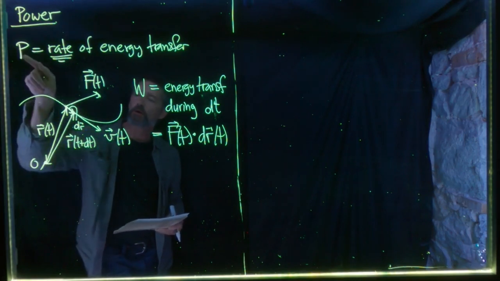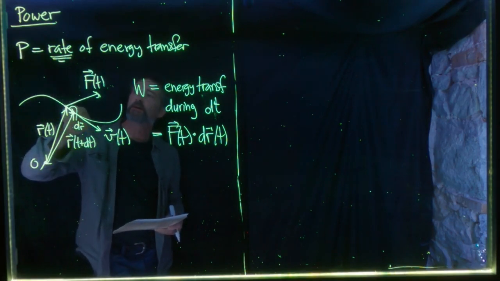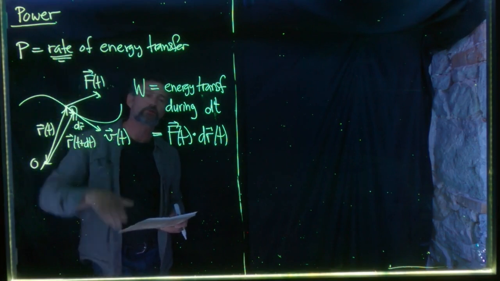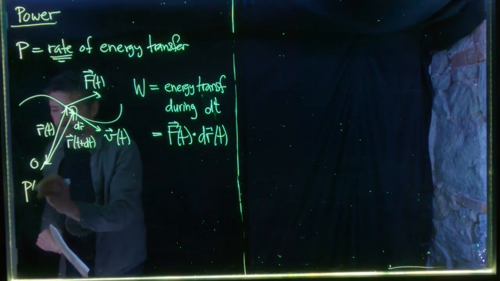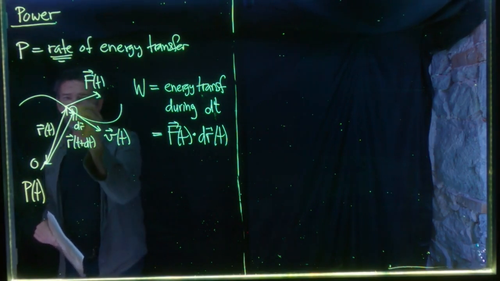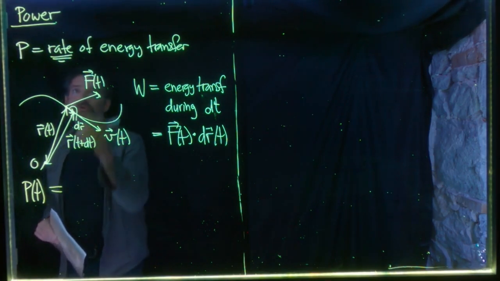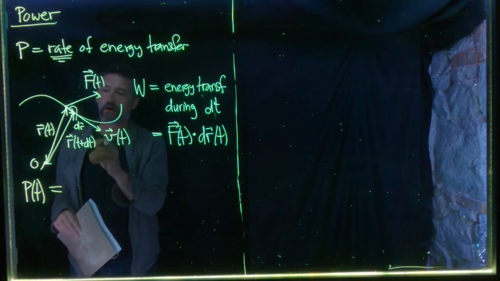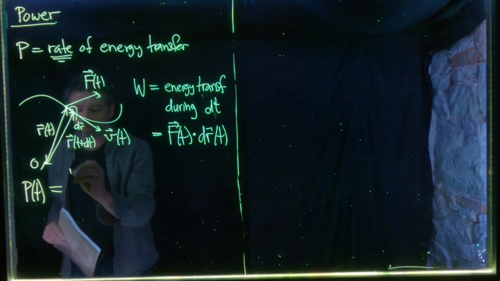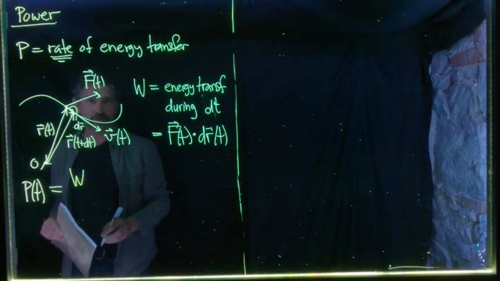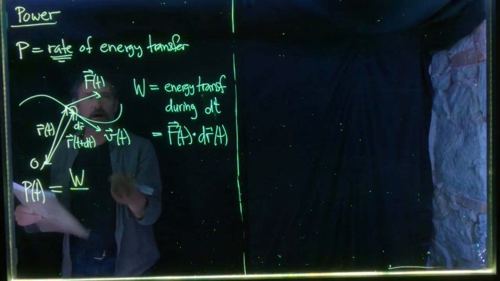Now power at this instant of time is the instantaneous rate at which the energy is being transferred. So the power at this instant of time, the rate at which the energy is being transferred to that airplane by that force, is going to be the amount of energy transferred divided by how long.